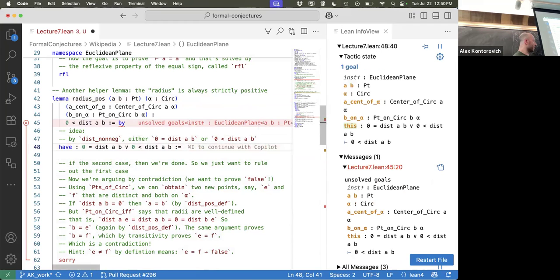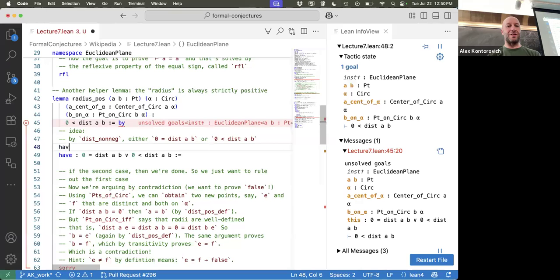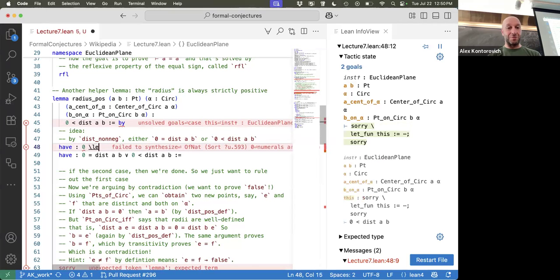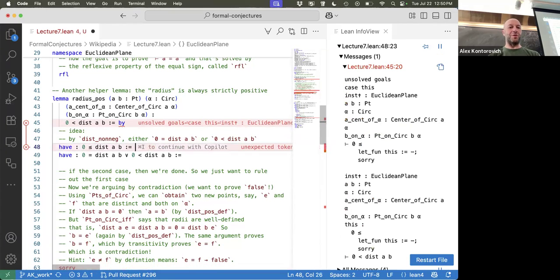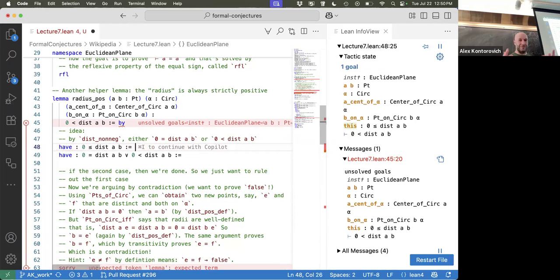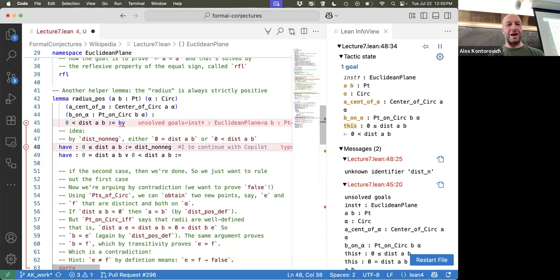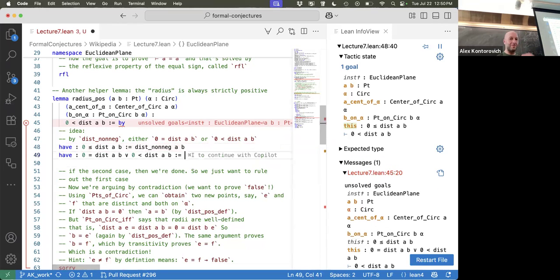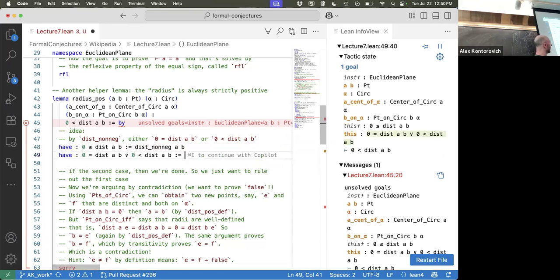First of all, let's just record that, call it that 0 is less than or equal to dist AB. And what's the proof of that? Dist non-neg given A and B, right? So we know that the distance is non-negative. That means either the distance is 0 or the distance is strictly positive.